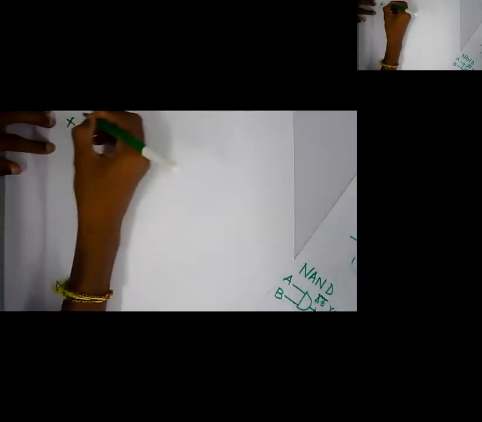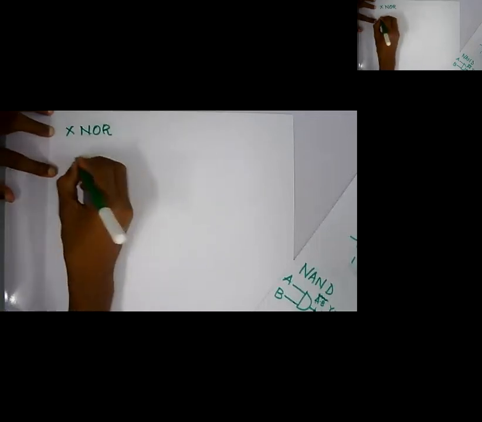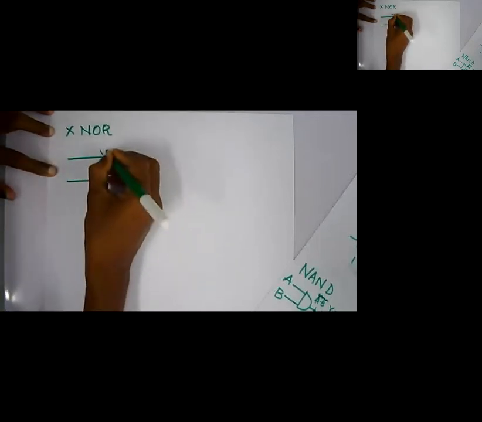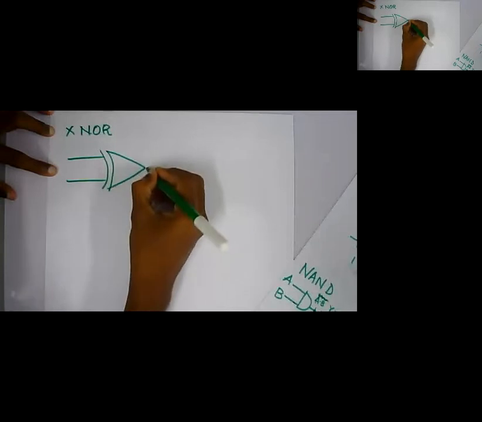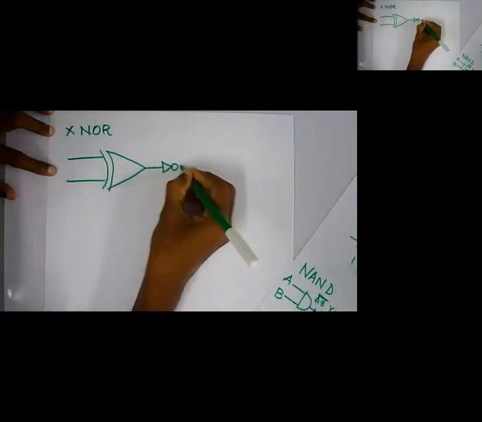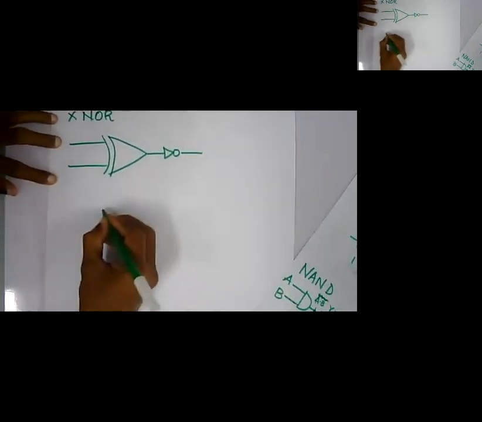Similarly, we have the XNOR gate as well, the exclusive NOR gate. The structure is as we saw earlier.